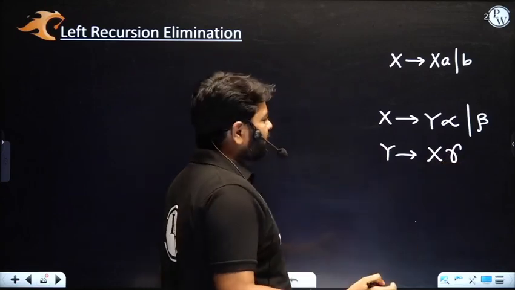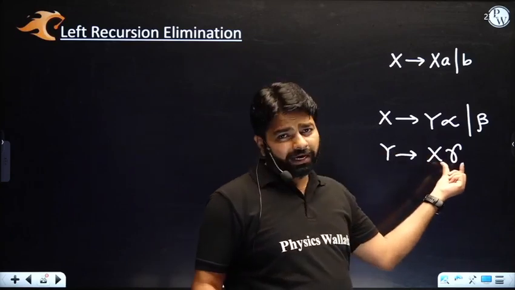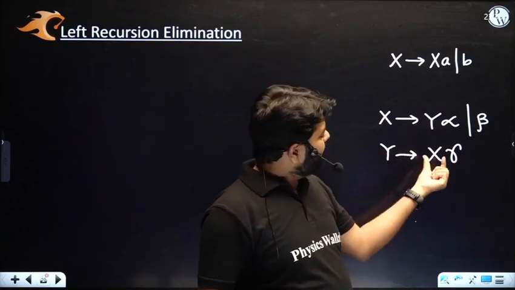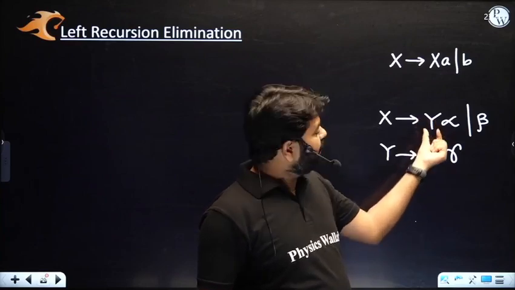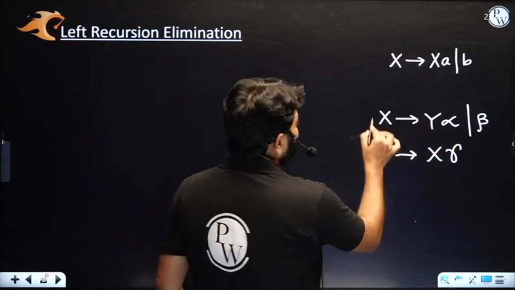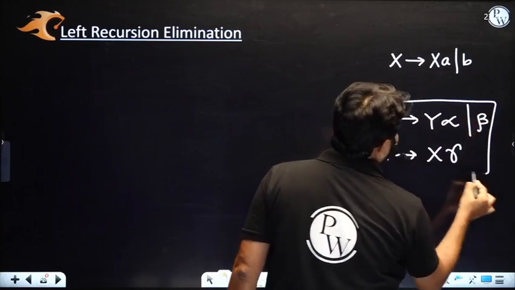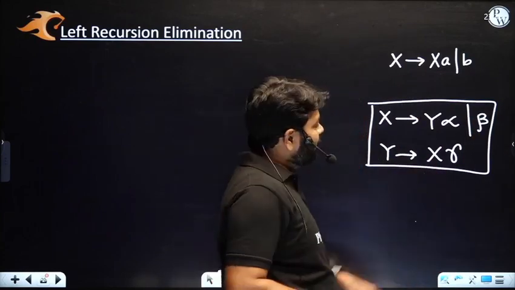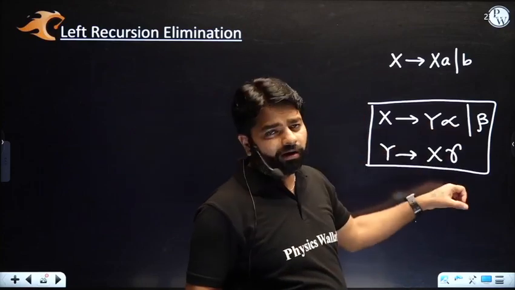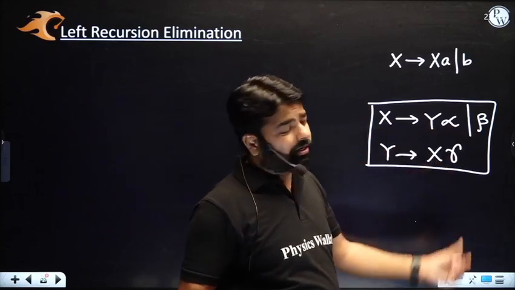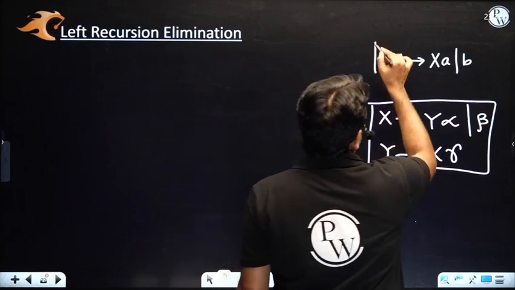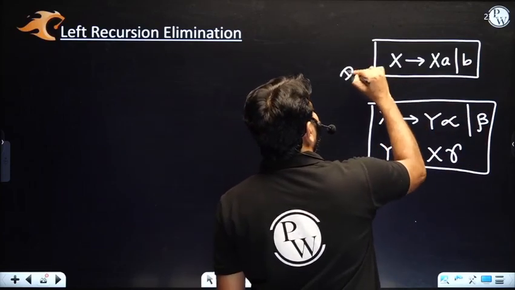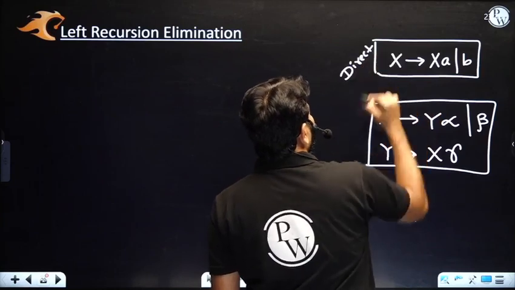See, when you substitute Y with X gamma, the X is going to come in the first position. So this kind of grammar will have the indirect left recursion. Even Y also has left recursion here. When you substitute X with Y alpha, you also get a Y in the first position, right? And this is called direct left recursion. Okay, it might be direct left recursion or indirect.